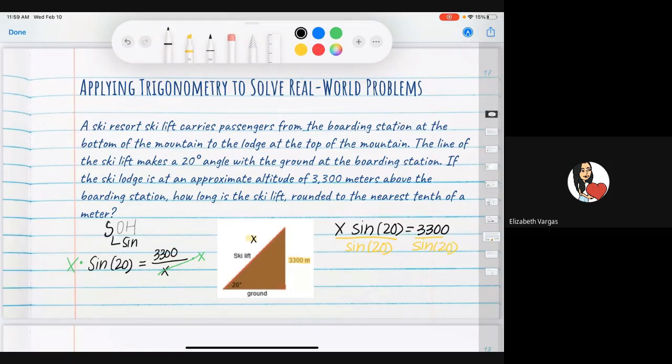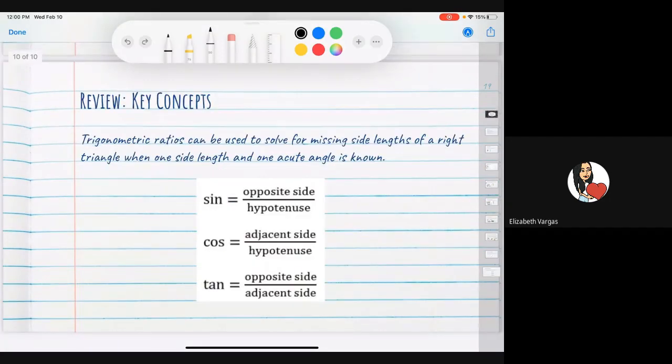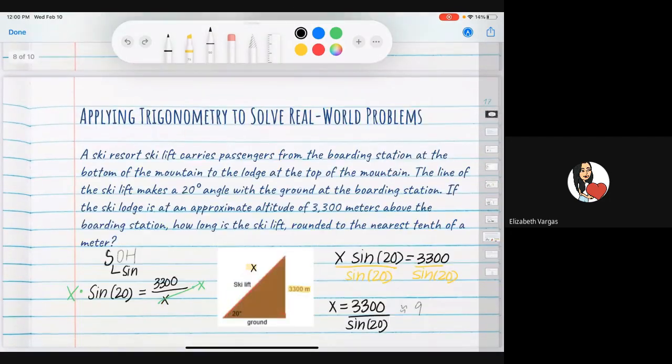And so what I'll get is x is equal to 3,300 divided by sine 20. I can plug that into my calculator, which we'll get into later, and you'll find that that is approximately 9,648.